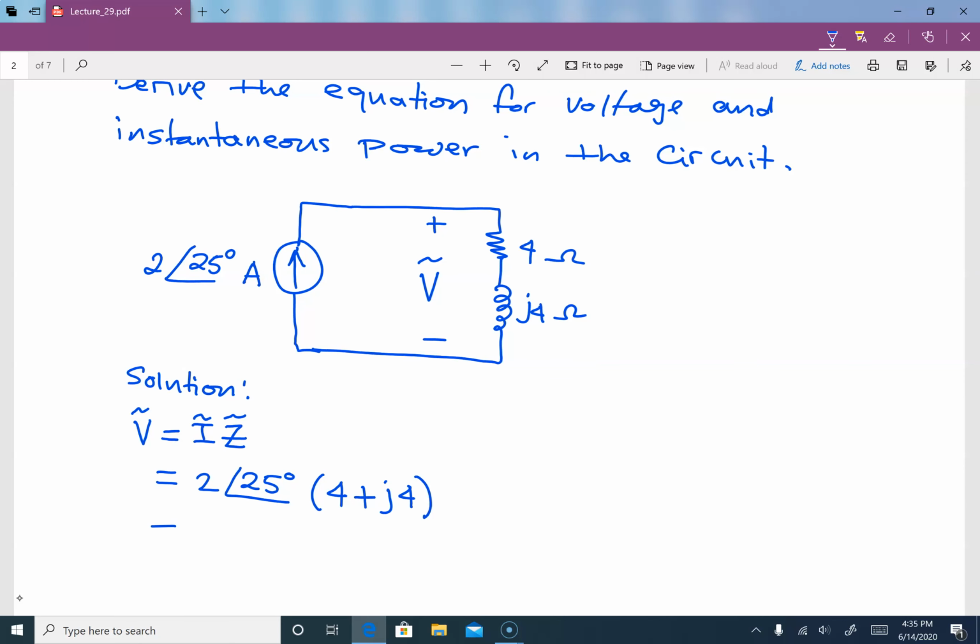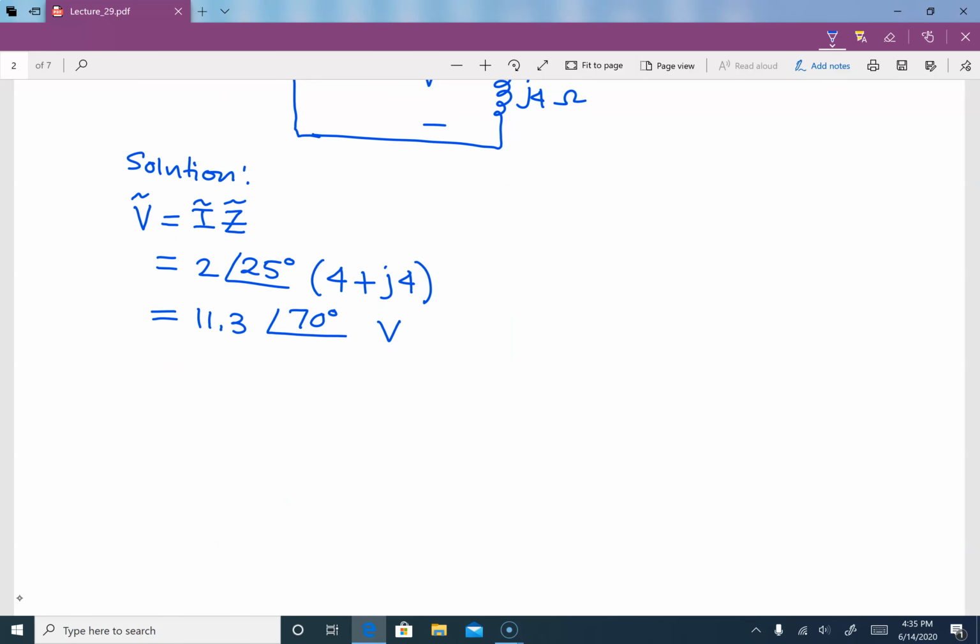The answer here is 11.3 with angle 70 degrees, in volts. So that is our V. If I want to get this V in the time domain, that will be 11.3 cosine of omega t plus 70 degrees. This is the time domain.